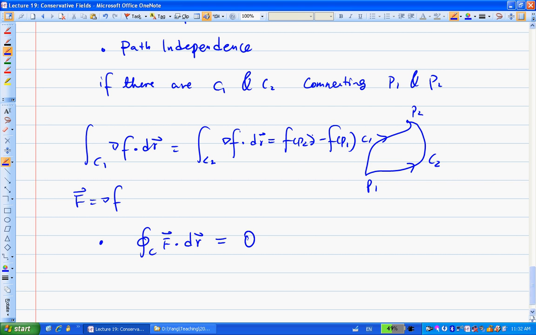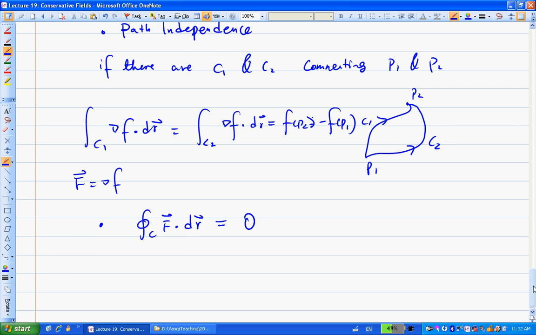As a matter of fact, this condition is essentially a necessary and sufficient condition, so if and only if, you can also derive from it that the field is conservative.